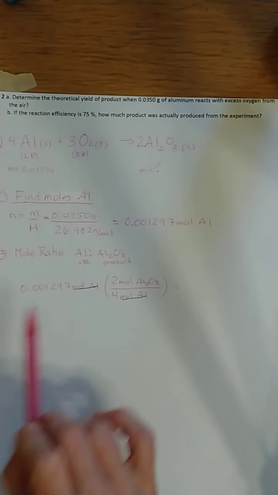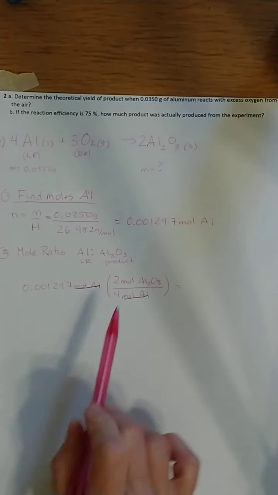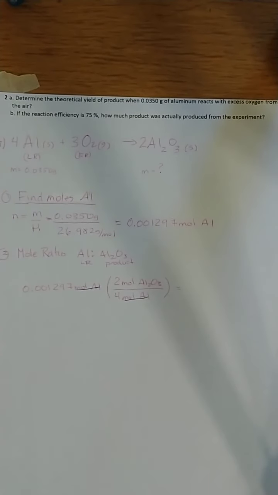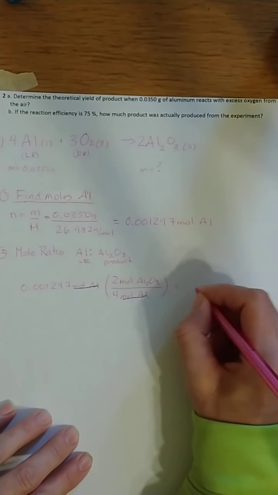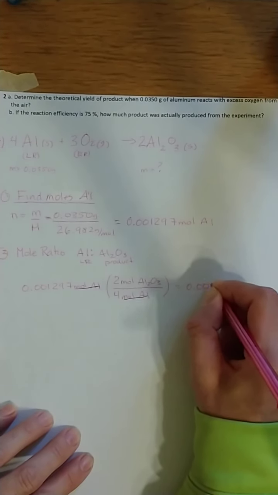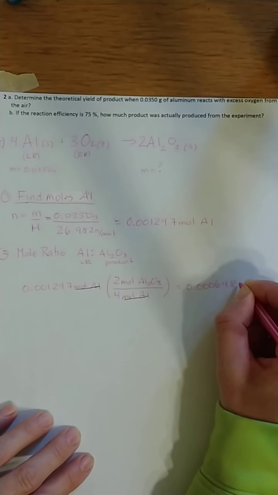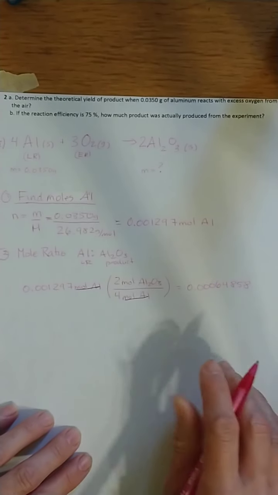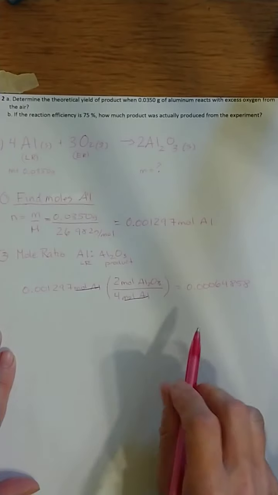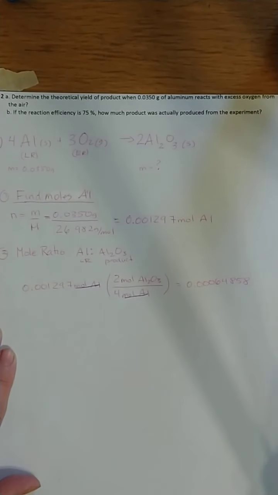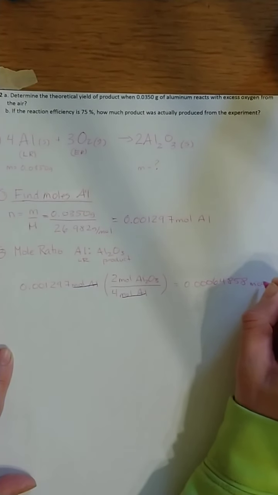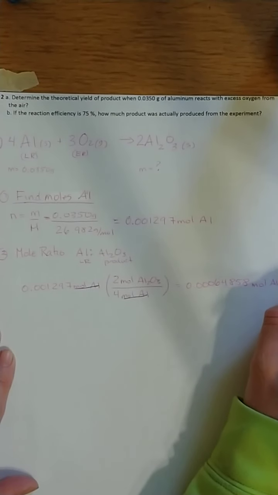So you're going to take this number here, multiply it by 2, and then divide it by 4, and you're going to get 0.0006485. So sometimes these numbers are going to be really big, sometimes they're going to be really small, like this one here. Okay, and that's our moles of Al2O3.